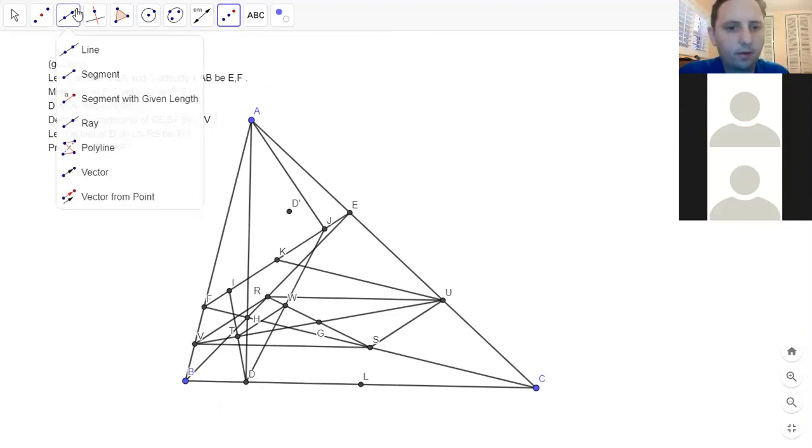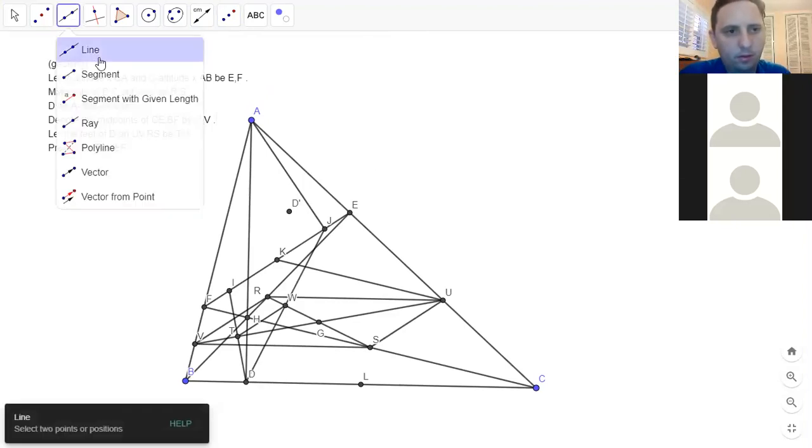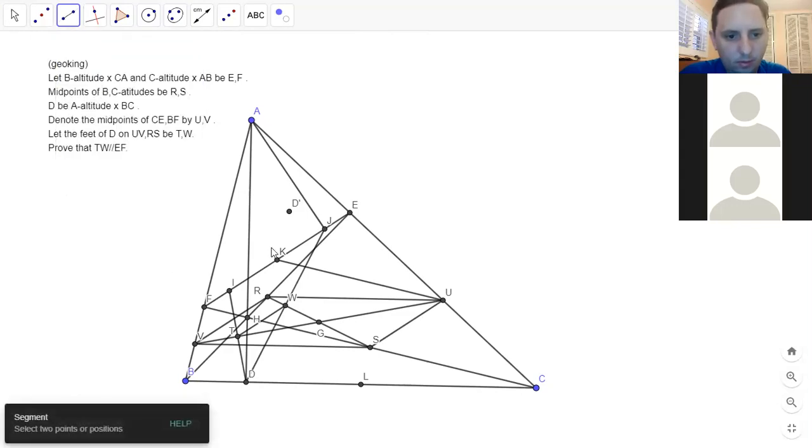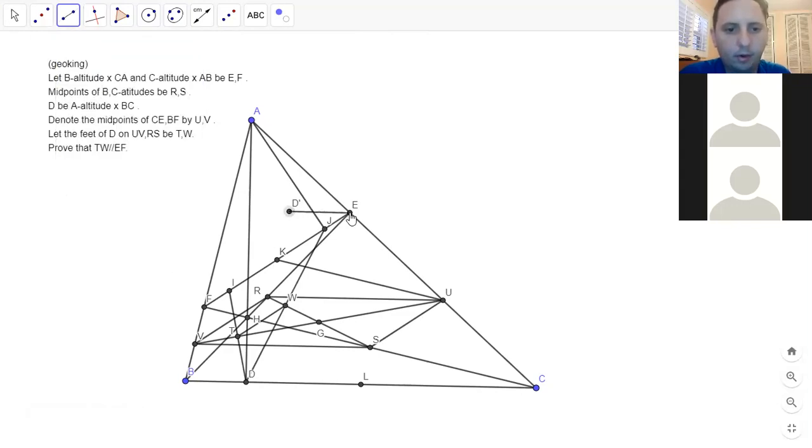So BD must be equal to ED prime, and ED prime is parallel to BD. So we have angle JED prime is 90 degrees minus angle A.